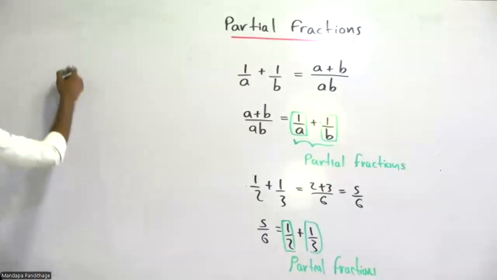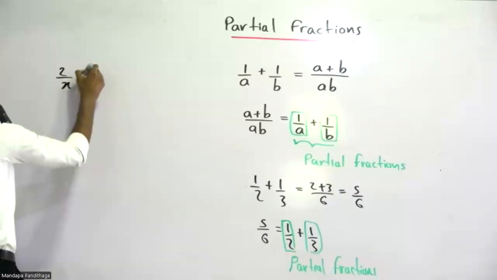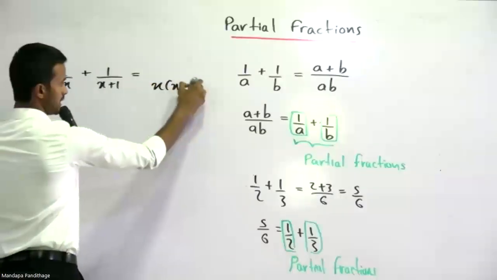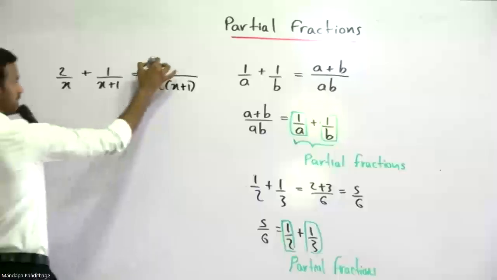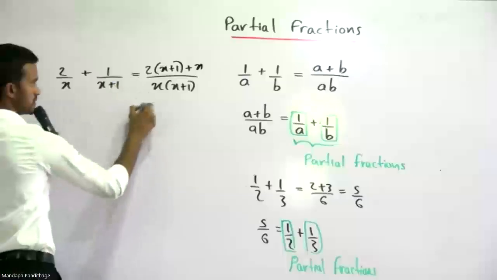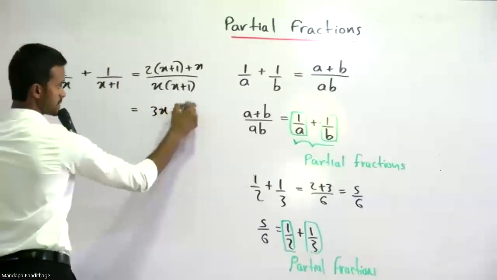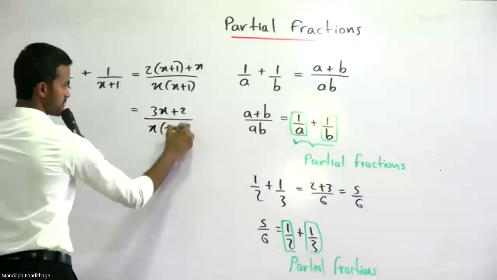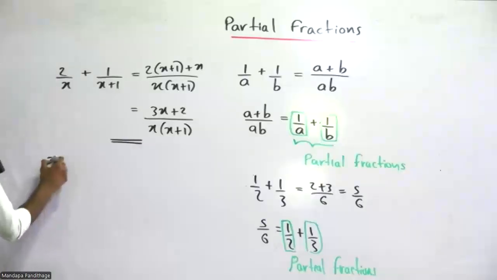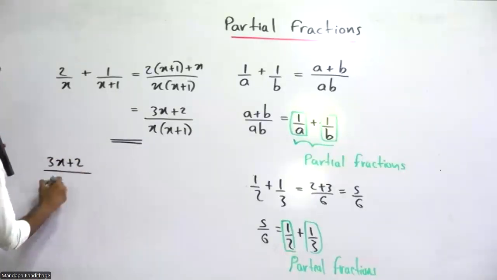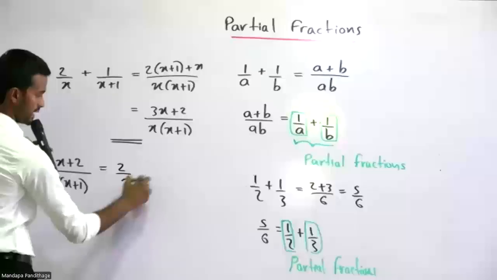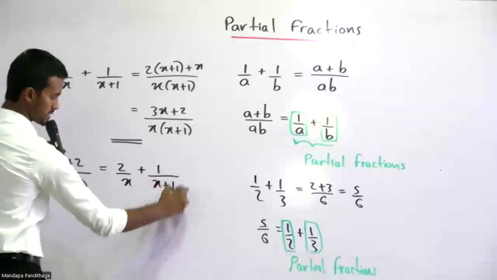So I'll take an example. If I ask you to add 2 over x plus 1 over x plus 1, you can take the common denominator and the answer is 2 times x plus 1 plus x. When you simplify this, you get 3x plus 2 divided by x into x plus 1. Now you know that 3x plus 2 over x times x plus 1 is equal to 2 over x plus 1 over x plus 1.